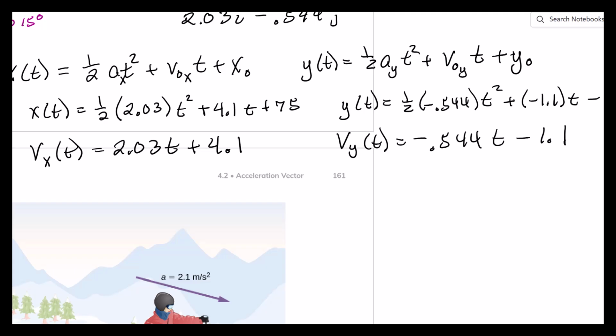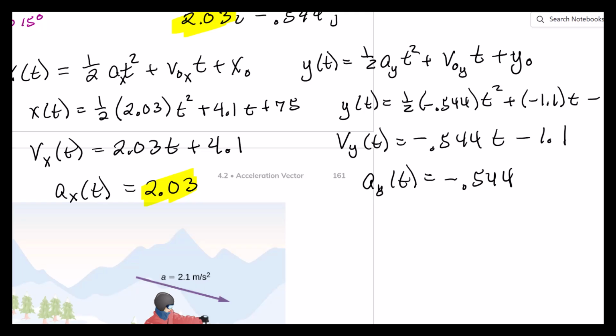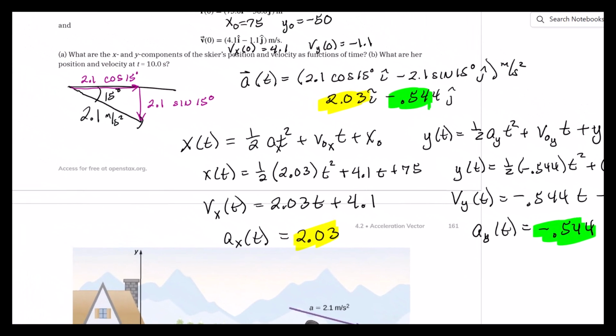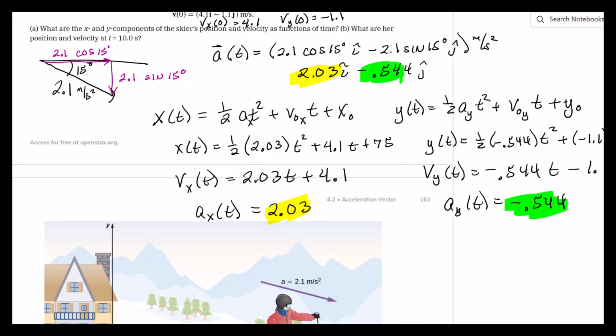And note, this is important: if I take the derivative again, I get acceleration in the x direction of 2.03, which matches this. And if I take the derivative again in the y direction, I get negative 0.544, which matches that. So look, all of our math is internally consistent. And then we can just plug in values at 10 seconds and be good to go.